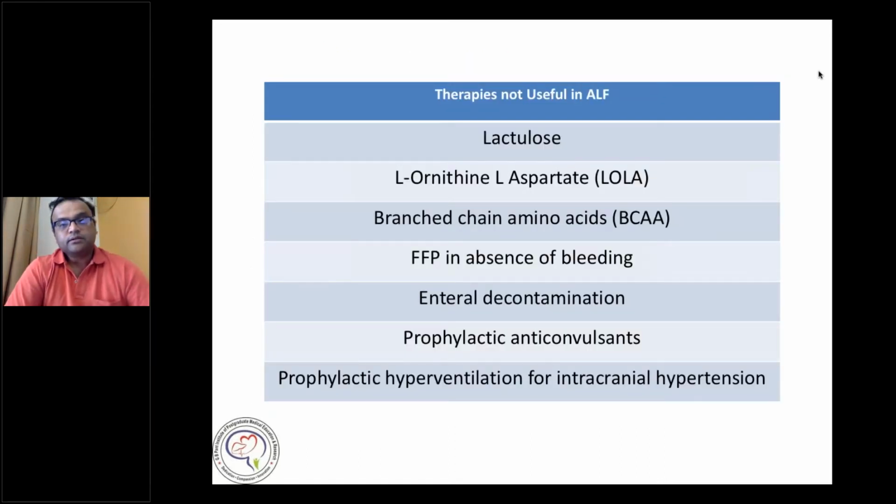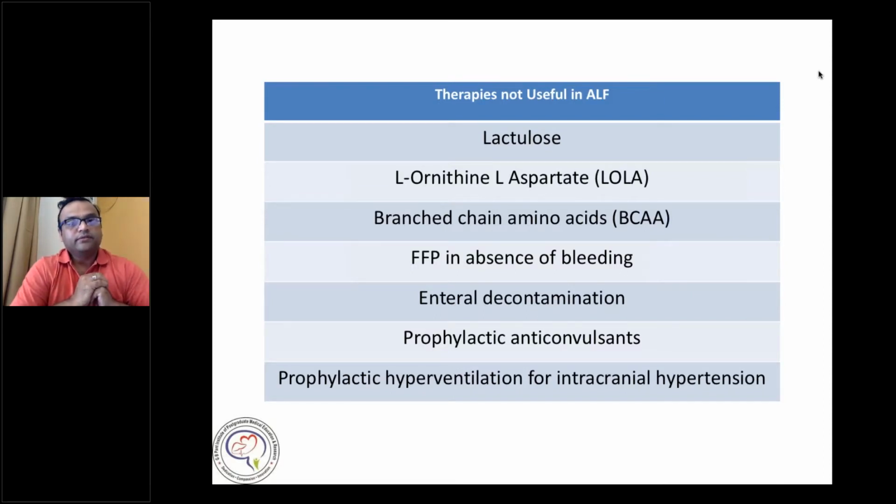This slide should apprise you of therapies which should not be used for acute liver failure, which means they are of no use. They only increase the burden of finances to the family without any proven benefit. Remember that the mainstay of therapy for chronic liver disease or cirrhosis is lactulose.